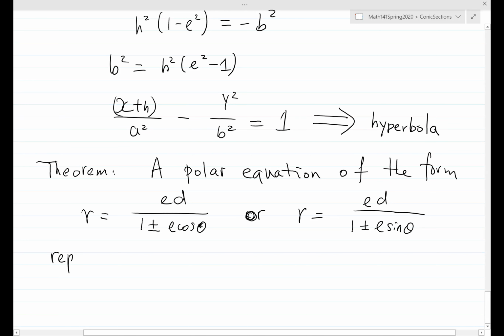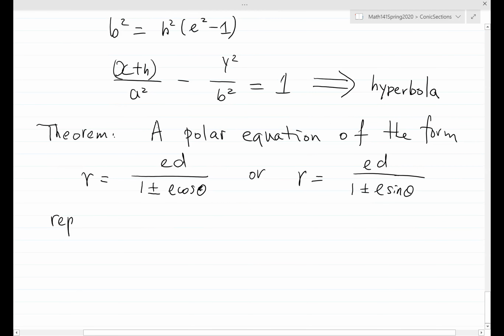Because we can rotate our angle theta by any angle, we can choose a rotation by pi or pi over 2. So this represents a conic section with eccentricity e.